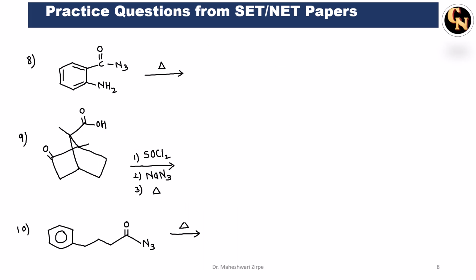Now the same way, the eighth question, they have already given us acyl azide. The product will be a benzene ring. Here it will be directly, as I've told you the trick, NH2, so it is a diamine.